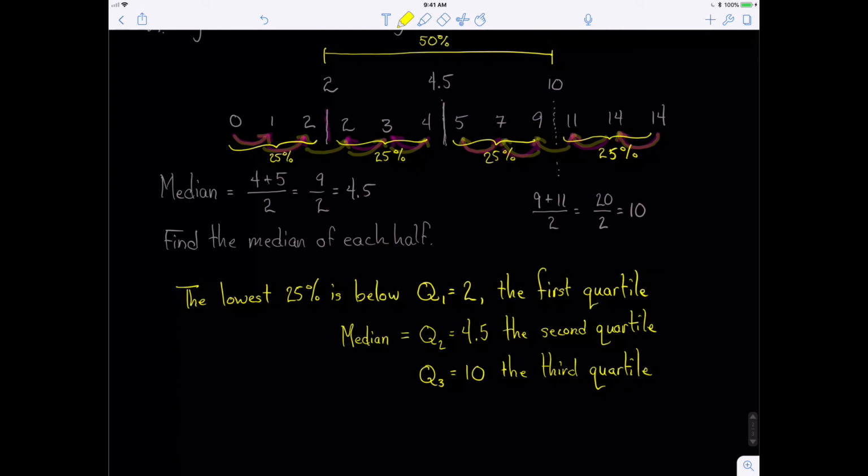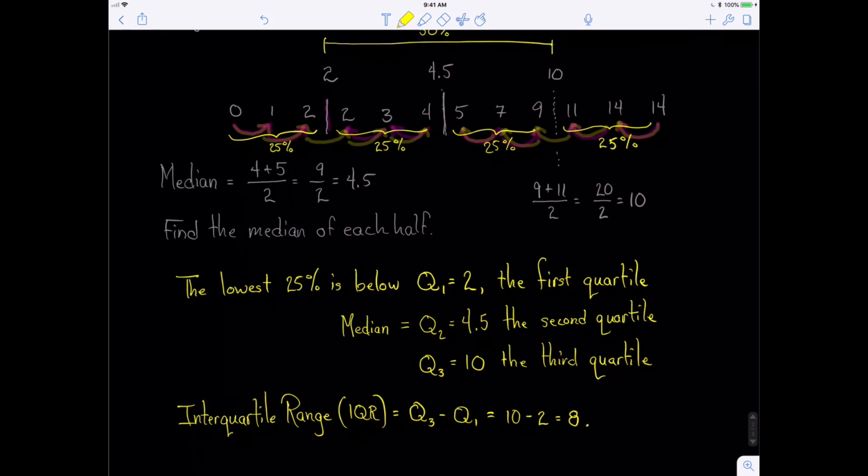It's such an important group, that middle 50% of the data, that the range in which that 50% falls is called the interquartile range, often abbreviated as IQR. It's calculated as Q3 minus Q1. In this case, it's 10 minus 2, or 8.